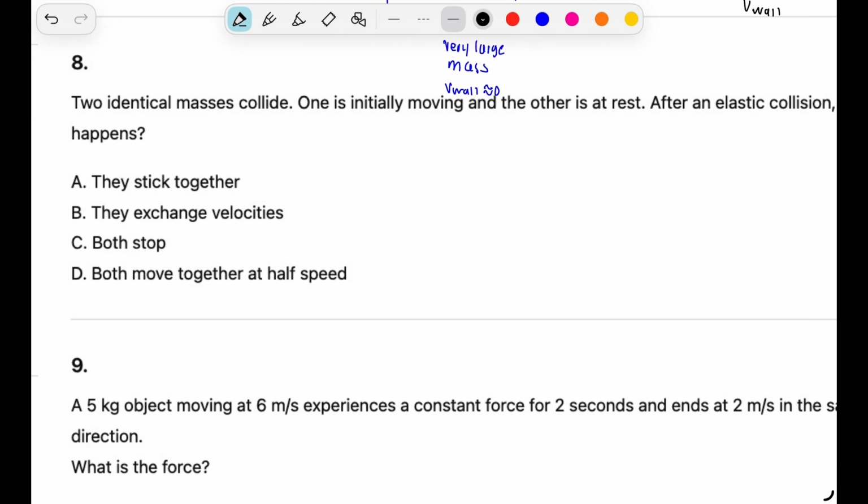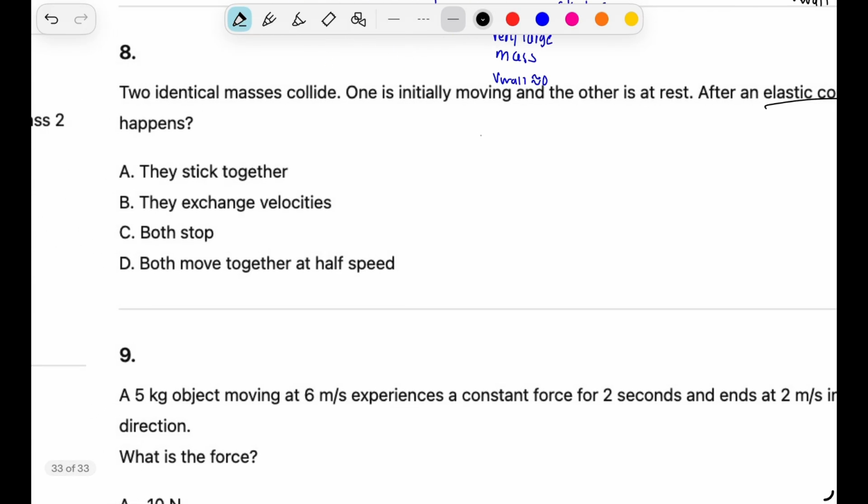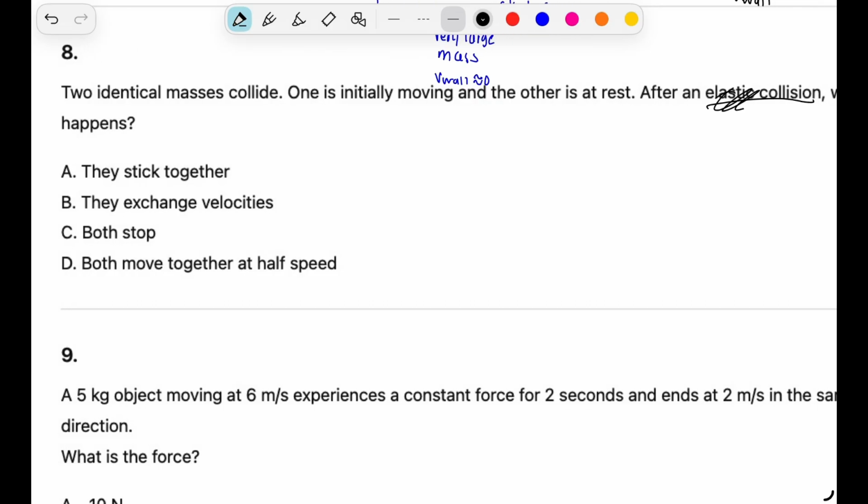Two identical masses collide. One is initially moving and the other one is at rest. After an elastic collision, what happens? In elastic collisions, the objects are going to exchange velocities because you have momentum and also kinetic energy that is conserved.